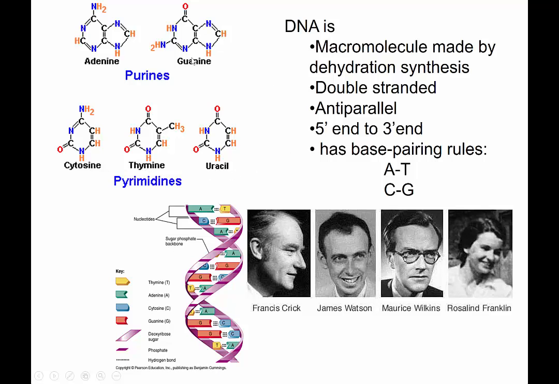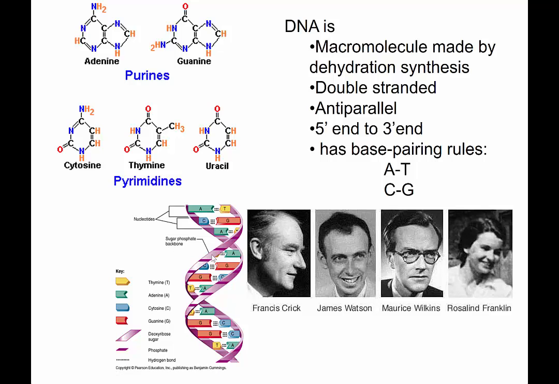If I link these purines and pyrimidines together, I can make a chain of genetic material. And if I have two chains that are kind of coiled around each other, shown down here, I create DNA, which stands for deoxyribose nucleic acid.